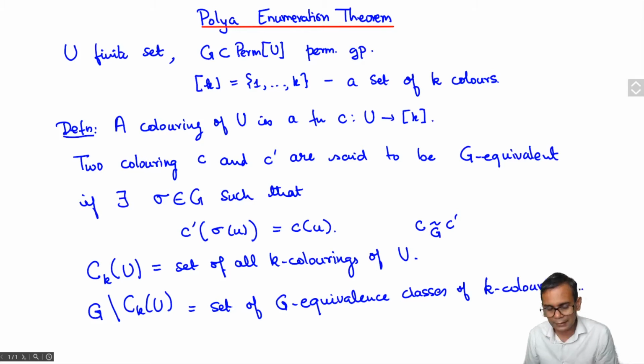This is really consistent with our earlier notation for orbit spaces, because you can also regard G as a permutation group of not the set U but the set of K colorings of U.